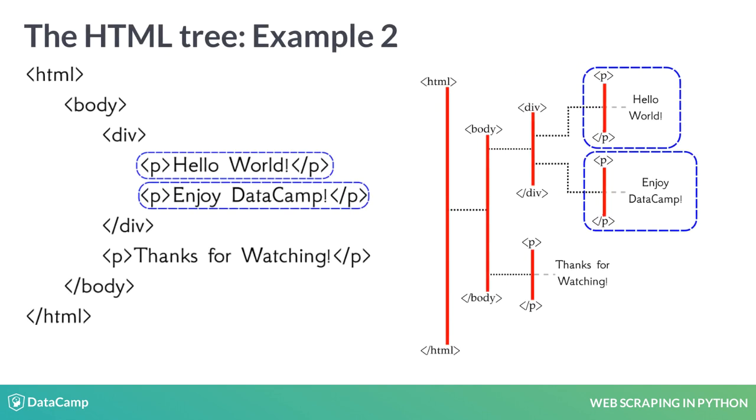The two third-generation descendants of the HTML element are circled here. Both of these elements are paragraph p elements, and both are children of the same div element parent, and hence siblings. Note that these two circled paragraph elements are not descendants of the third uncircled paragraph element.